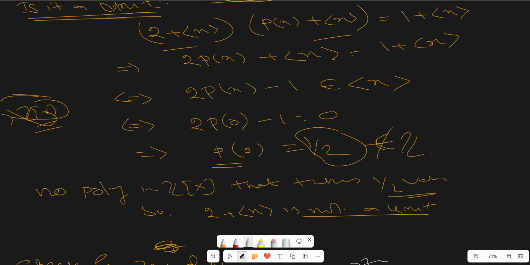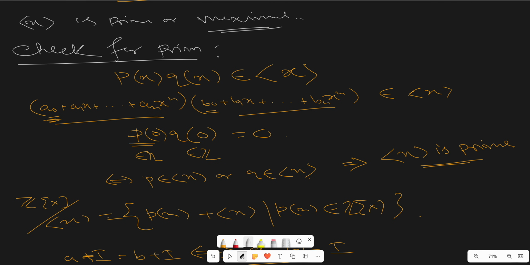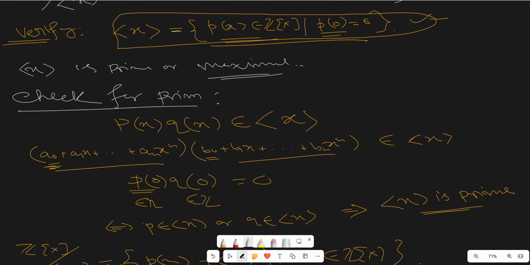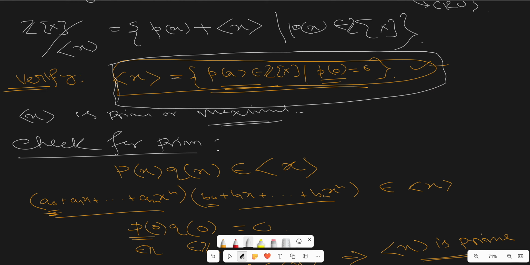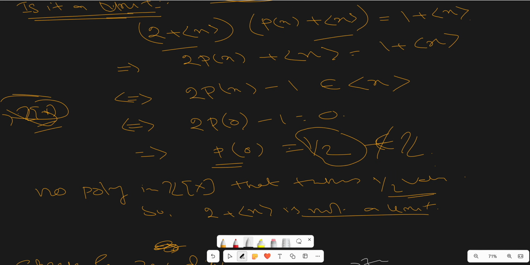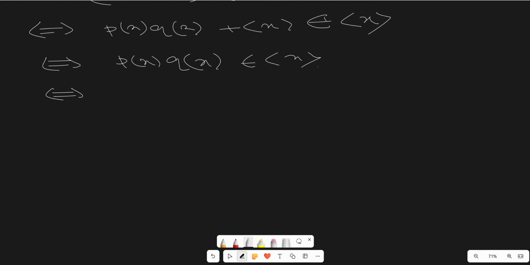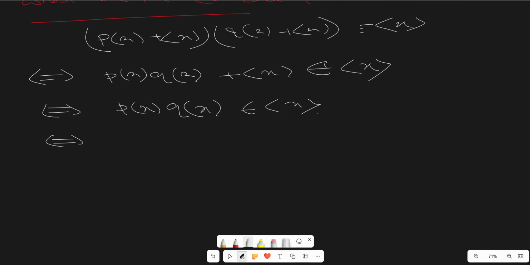I am repeating this again and again, right? See here, I am repeatedly using this. The ideal generated by x is nothing but all those polynomials in Z[x] with p(0) equal to 0. So what does it mean? If the product is inside the ideal generated by x, what do we expect? That p(0)q(0) should be equal to 0, right?